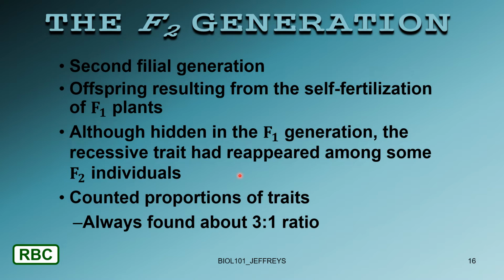And then after counting all of the proportions of traits, he always found, and you would always find if you were to do these experiments, roughly a 3-to-1 ratio. That is 3 dominant traits expressed to every 1 recessive trait expressed.